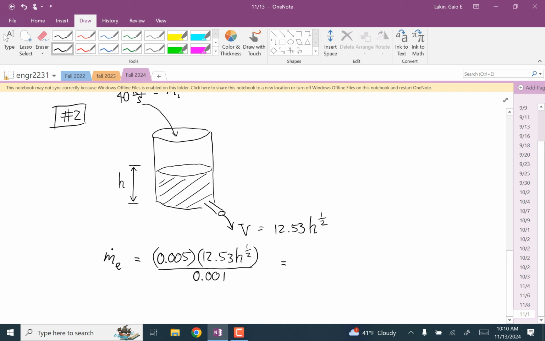And so that's 5 times. So that's 62.65 h to the 1/2.